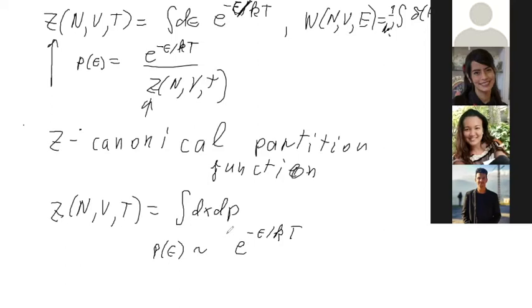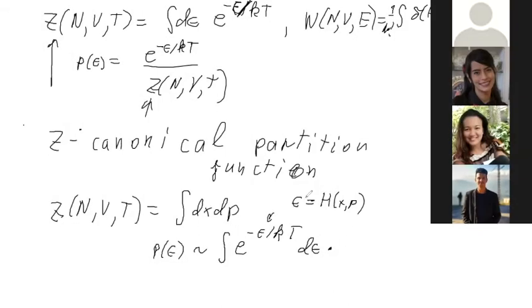Then how can I calculate the number of states that realize this epsilon? I can do this by integrating with respect to d epsilon times something. Now I want to find a mathematical way to tell that epsilon is equal to H of x, p.